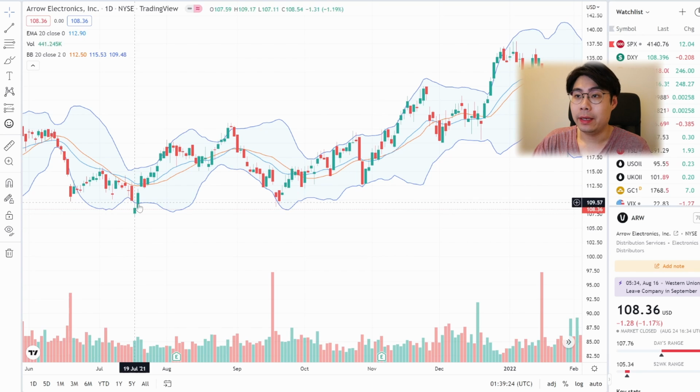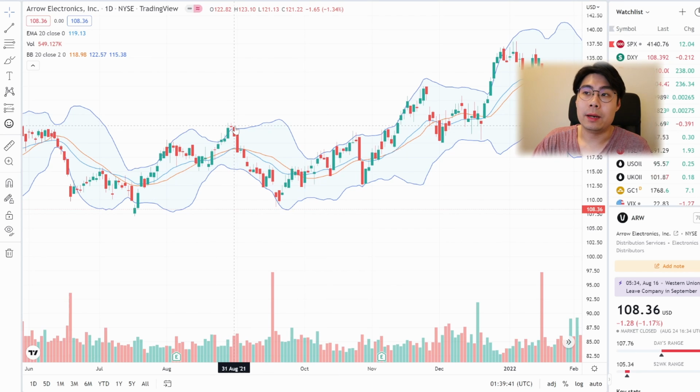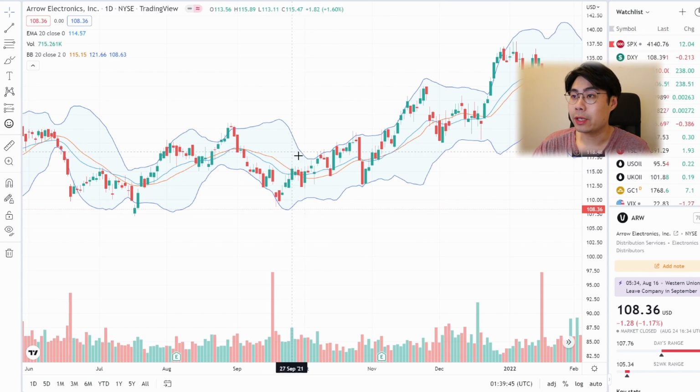You see how it hits over here, goes back to the middle, hits the top, goes back to the middle, hits the top again, goes back to the middle. While in this case, it keeps dropping, almost hits the middle, drops again, and hits the middle, etc. Right? So it could be good to be paired with other indicators or other chart patterns that you might be looking at to determine when is a good entry point.